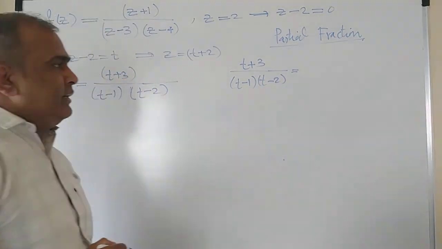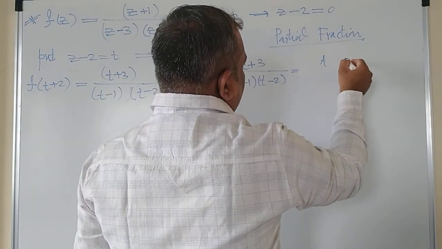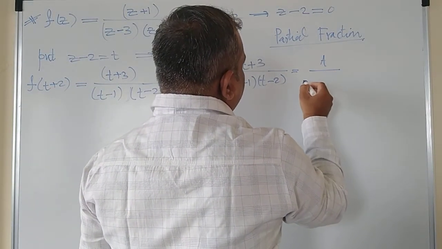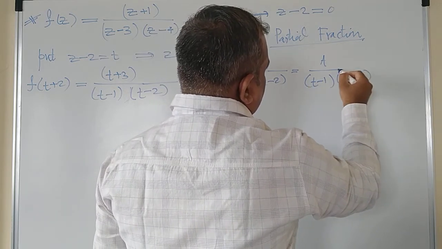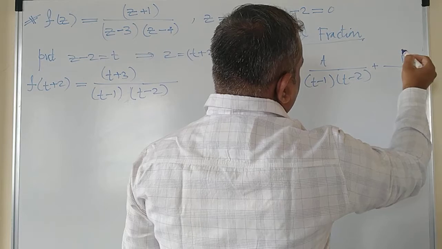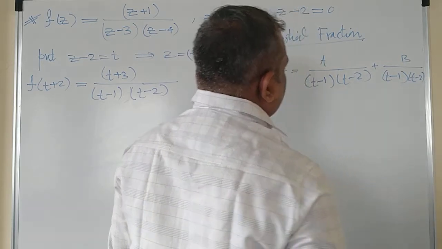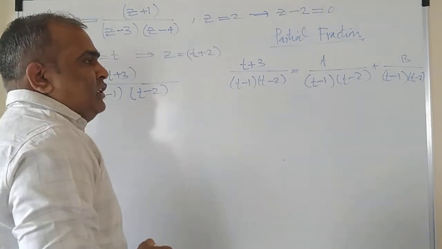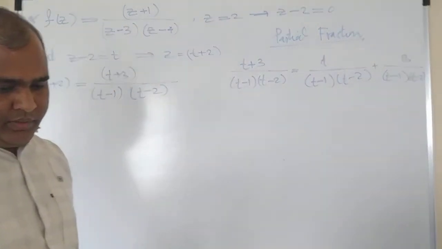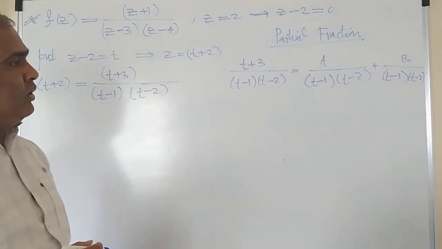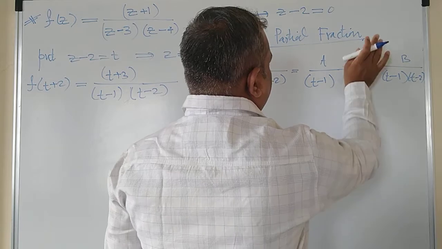So this can be written in unknown terms: A divided by t minus 1 plus B divided by t minus 2. These unknown terms, A and B, we have to find out. If I make the denominator of the right hand side common, and to make that common, this is not the same on both sides. You have to make it common.